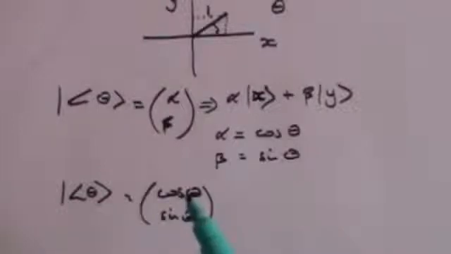Now in that video what we were arguing was that the overall intensity of the radiation drops off by cosine squared theta. What we're now saying, which of course amounts to the same thing, is that the probability of any given photon prepared in the theta state going through a polarizer that is in the horizontal polarization direction is going to be cosine squared theta. So that amounts to the same thing.